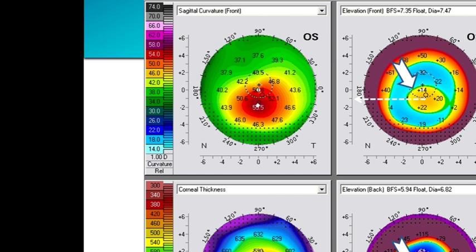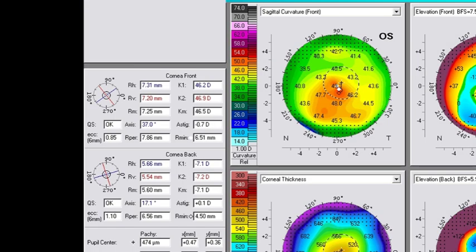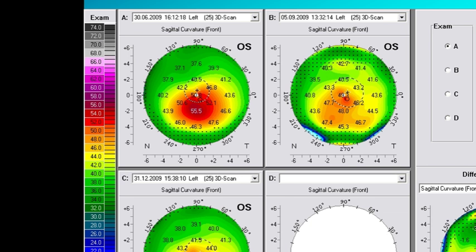This is pre-op. This is post-op. This is the reference map. So the patient had a good result with the rings. This is pre-op, this is post-op, this is another post-op visit. So this is the difference. So a regular cornea, almost regular cornea.